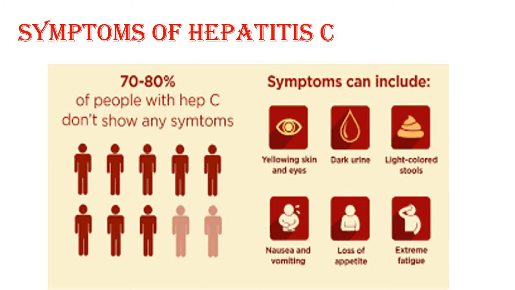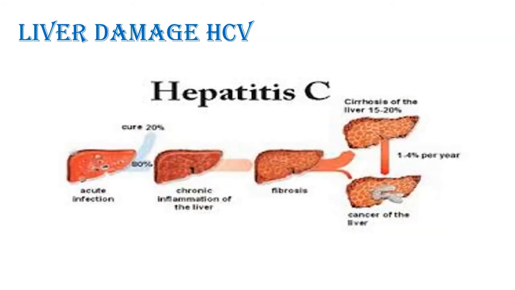Near about 70 to 80% of the people with hepatitis C don't show any symptoms, and symptoms are observed after the disorder in the liver functioning, and therefore liver damage is shown in this diagram with acute infection.